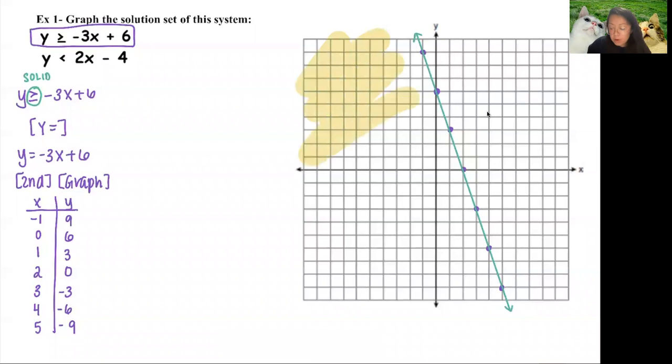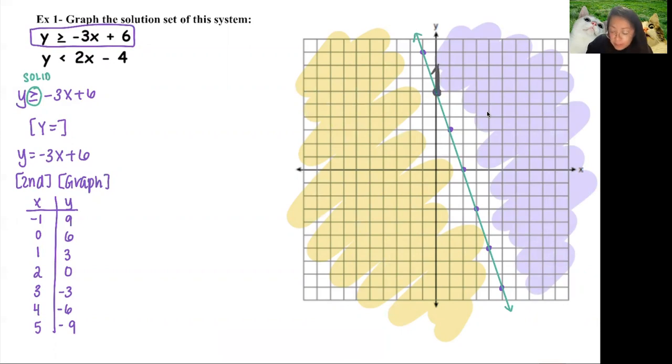It broke our graph up into two parts, right? This yellow part and then this purple part. If you're looking for what's above, go ahead and pick one of your points. I always pick our y-intercept and then draw an arrow that's above this point. Notice that we are in the purple section, meaning the purple section is the section that's going to be shaded.